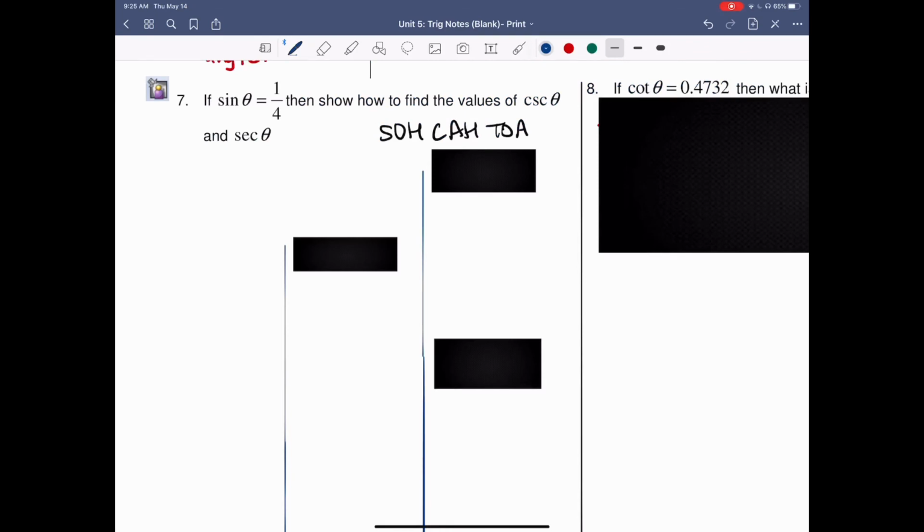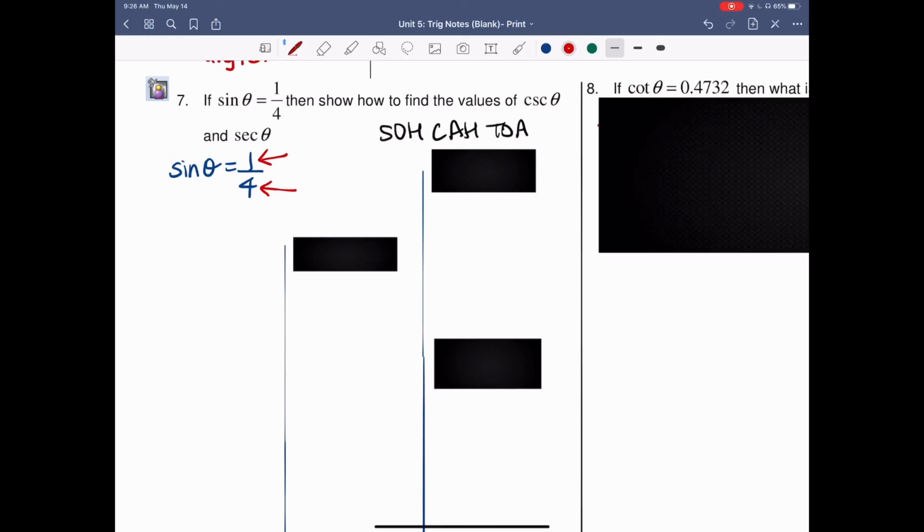Question 7 says, if sine theta is equal to 1 over 4, then show how to find the value of cosecant theta and secant theta. So notice that if you have sine theta is equal to 1 over 4, what I usually like to do is, you can split up any number as a fraction, right?